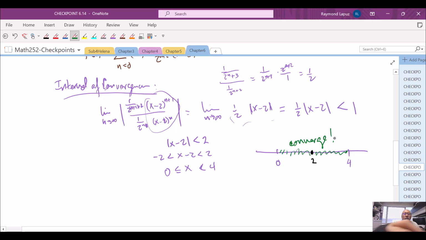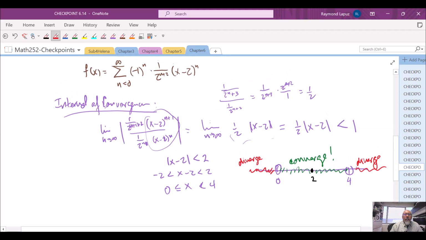Now we don't know exactly what happens at 0 and at 4, so we'll need to check that, but we do know it's going to diverge out here. Right, so we have the endpoints to check.